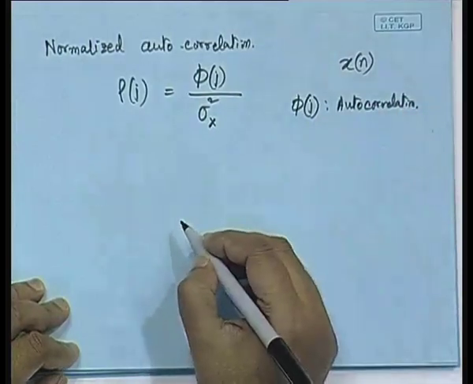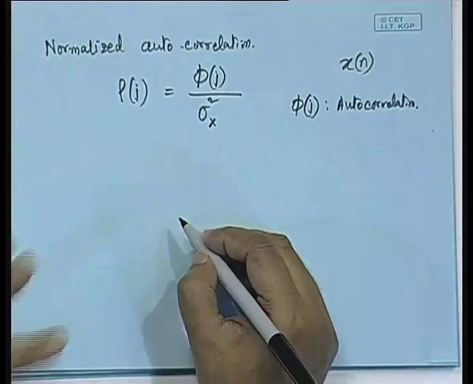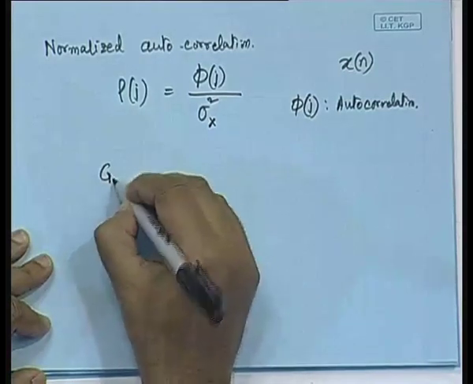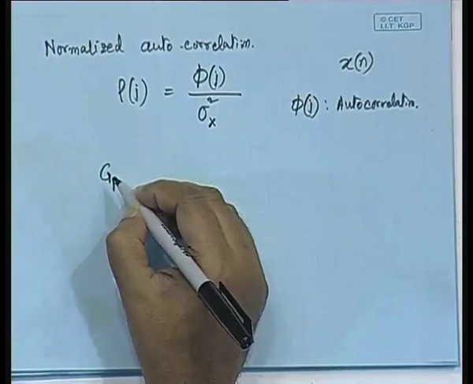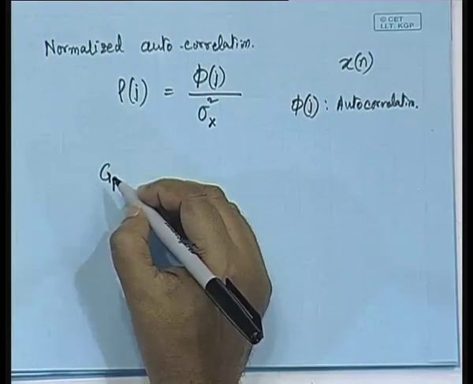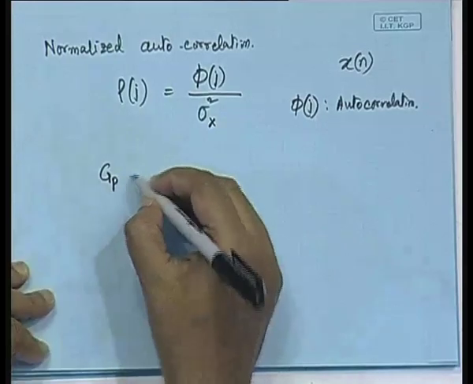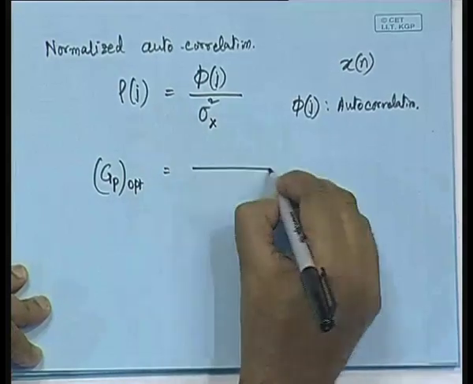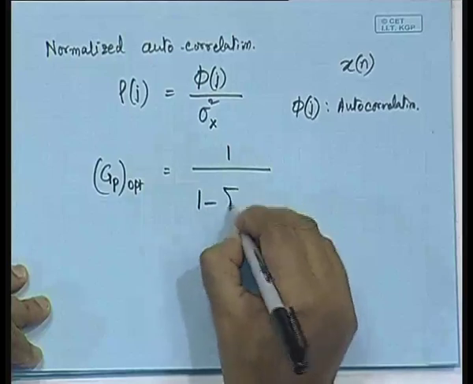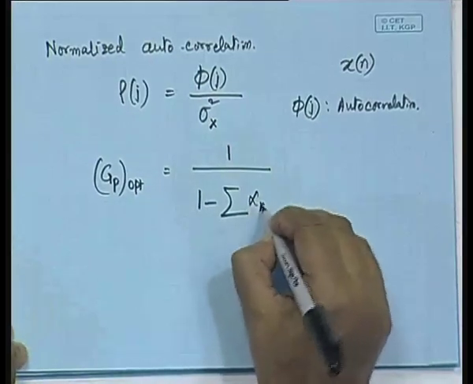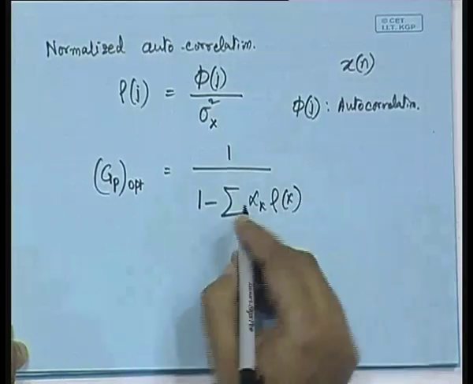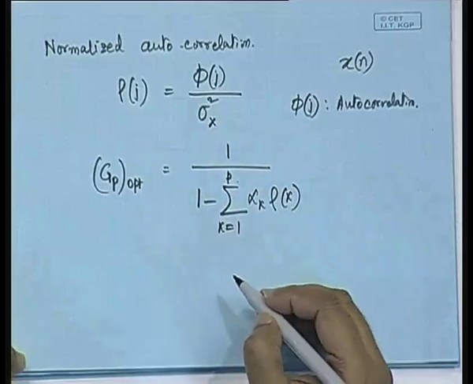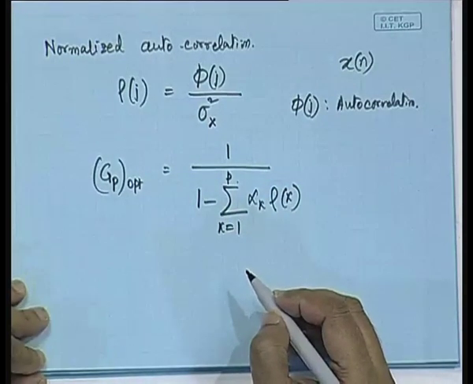Now, it can be shown by analysis that the optimal value of the GP, remember GP is the gain due to the differential coding, is given as 1 upon 1 minus summation alpha k into rho of k, k is equal to 1 to p. Okay, this is the value of GP optimal.